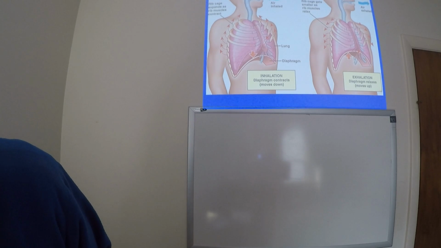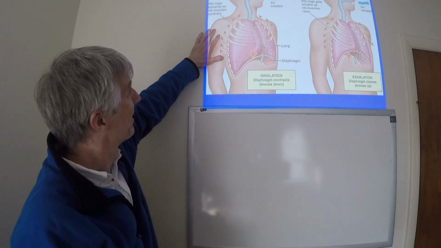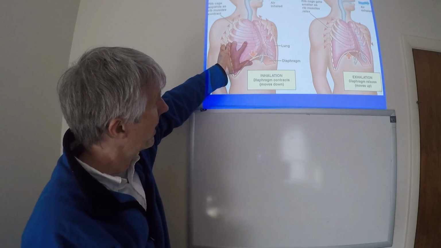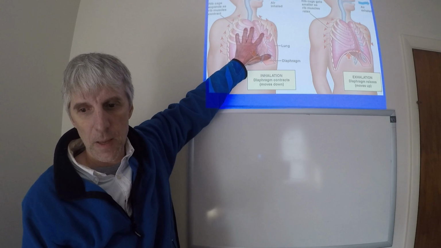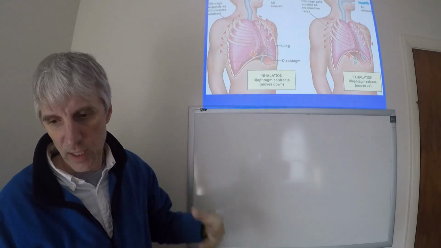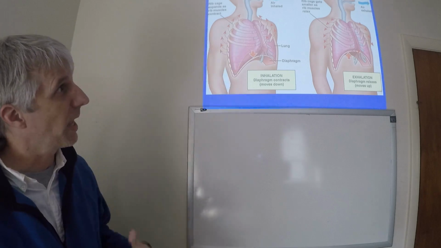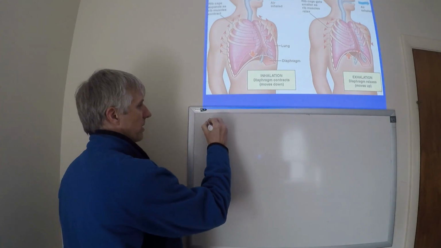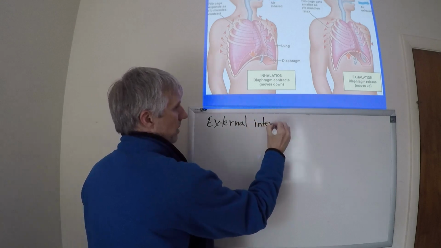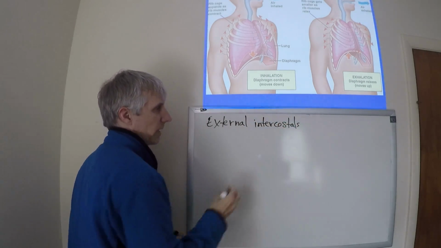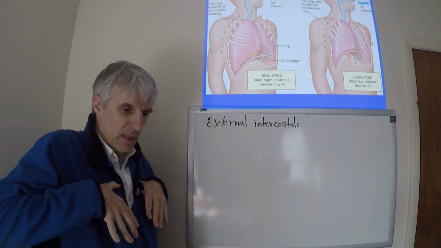Okay? All right, so here what I'm going to do is increase the size of the thoracic cavity. For the most part, what we're talking about are these muscles associated with the ribs called the external intercostals. These muscles, when they contract, take the rib cage and lift it up.